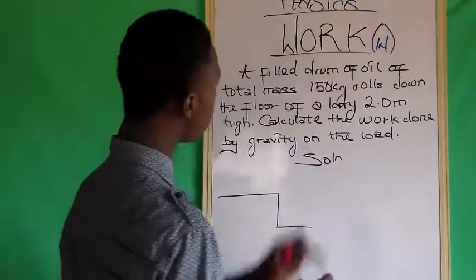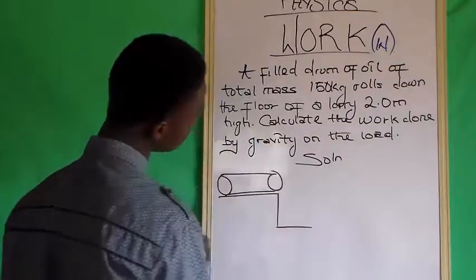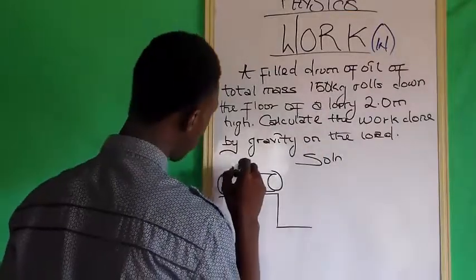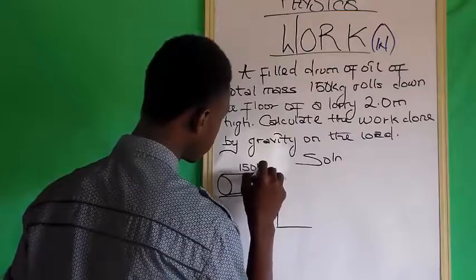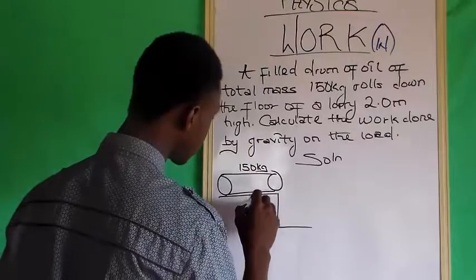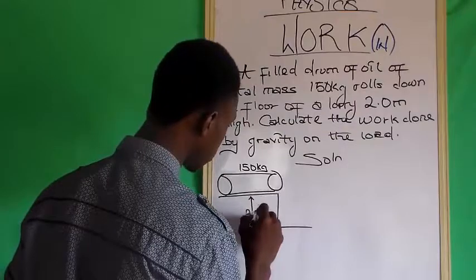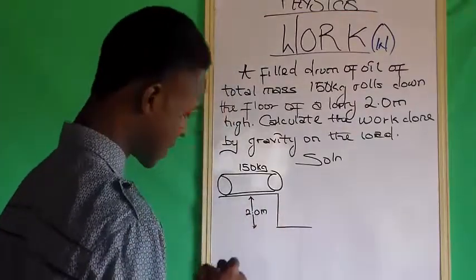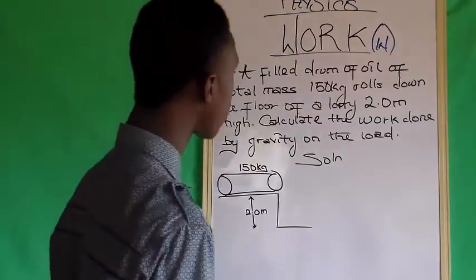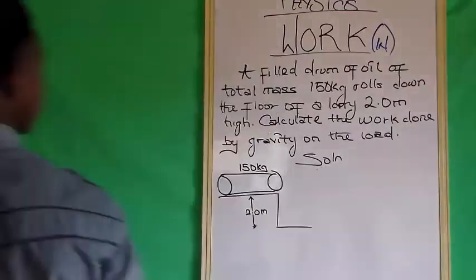And now a filled drum of oil of total mass 150 kg, and the lorry's height is 2.0 meter high. We are to calculate the work done by gravity on the load. Now we use this formula.